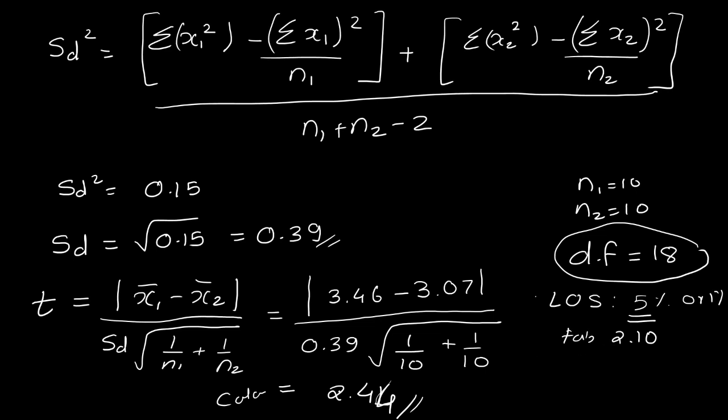So I can say that at 5% level of significance, my null hypothesis is rejected, that there exists a significant difference between the two sample means at 5% level.